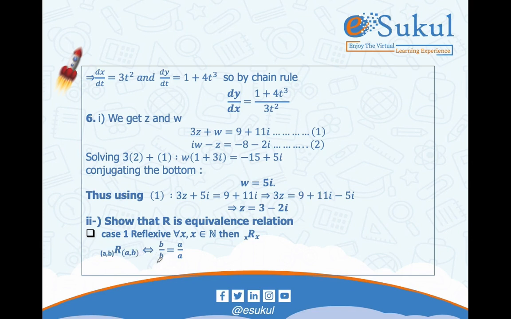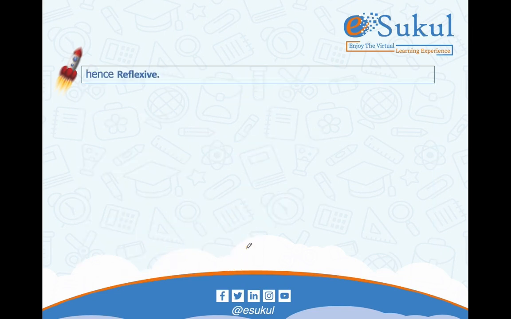So we can have b·a equals a·b. As an equivalence, we have that a·b is balanced by b·a. So the two cancel themselves, so we have 1 equals 1, which shows that R is completely reflexive.